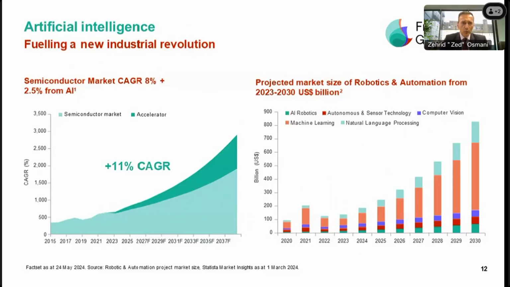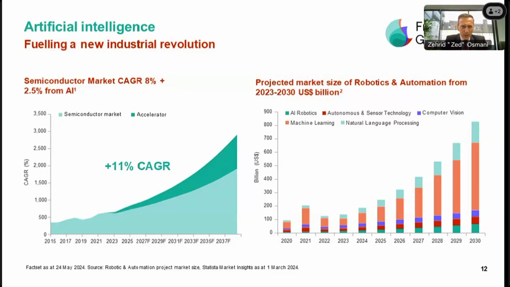And the turbo boost that has come from AI has led to a 2.5 percentage point increase in our projections. We're now looking at 11% annualized growth over the next 15 years. And yes, the semiconductor industry is cyclical. So what we're not showing here is a cycle, but we're really just keeping it simple and saying this is the growth on an annualized basis over that period.